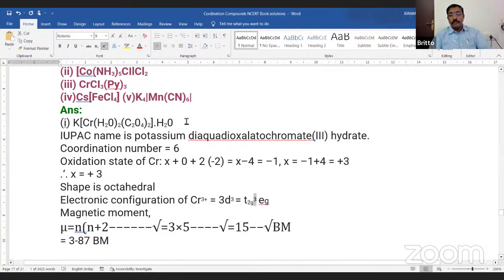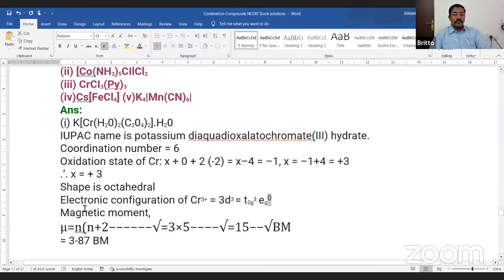So there are three t2g levels. Remember we saw in crystal field theory, each of them is going to occupy 1, 1, 1. In octahedral splitting, the t2g level is below the barycenter and the eg levels are above. So eg will have no electrons, eg 0.